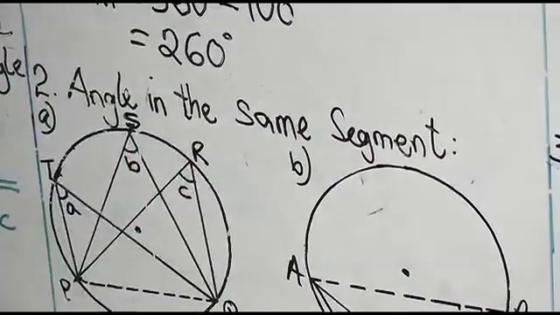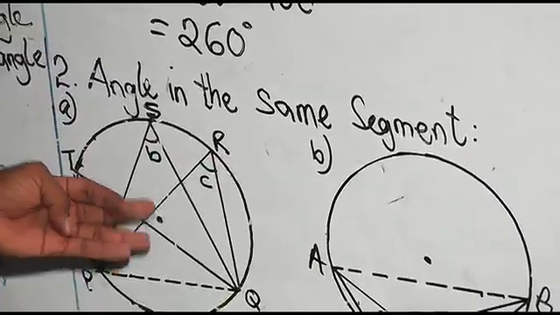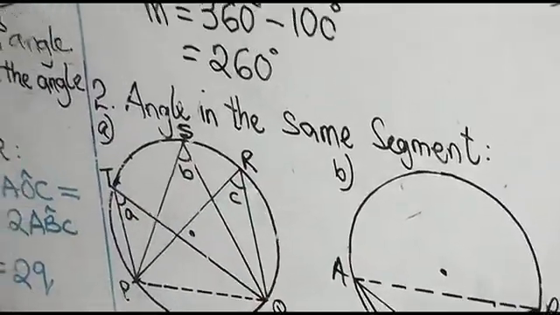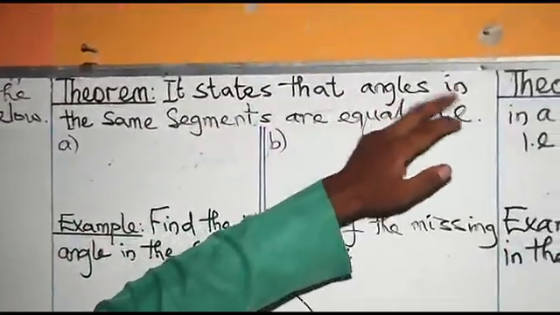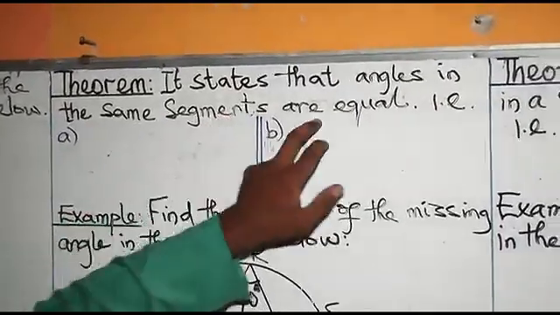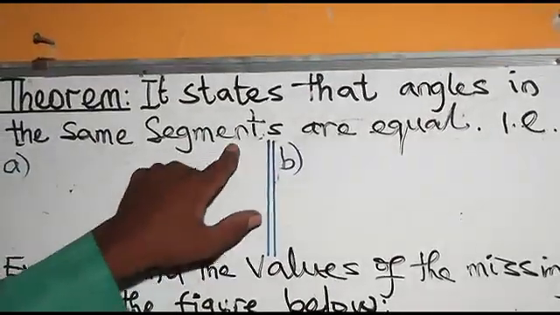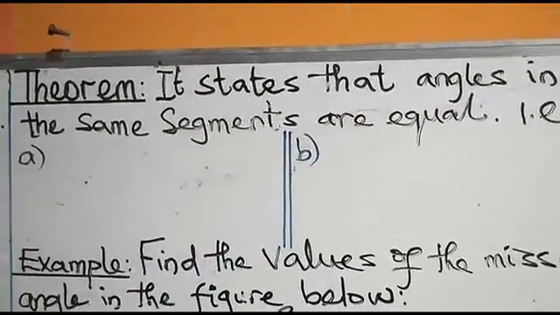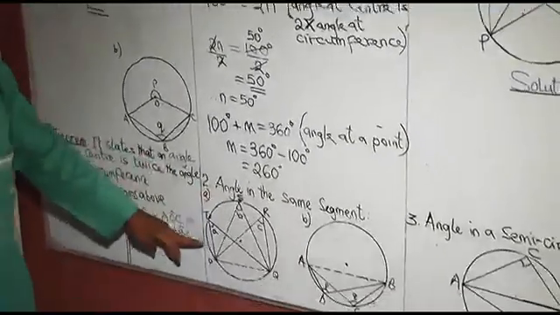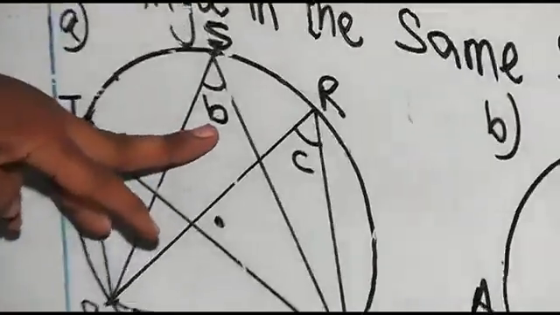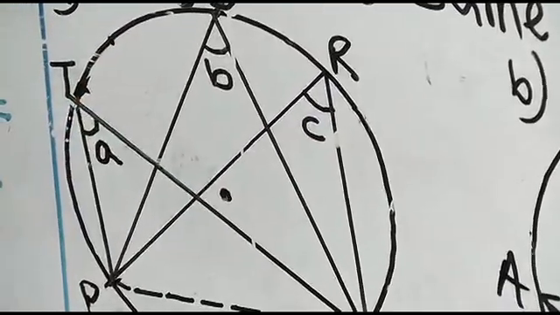And we have two cases. You can see from the diagram, case A and case B. The theorem says that angles in the same segments are equal. Looking at the diagram for case A, A, B, and C, they are all angles in the same segment.